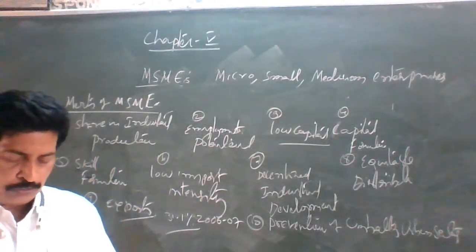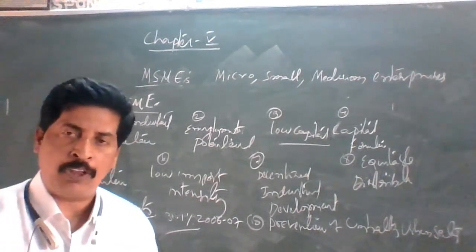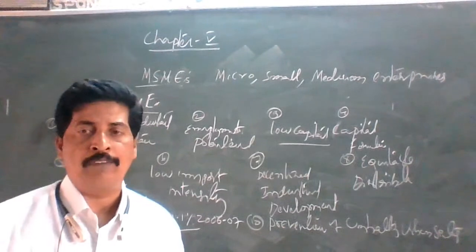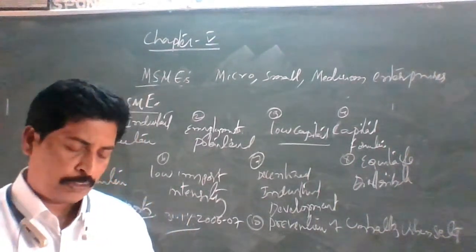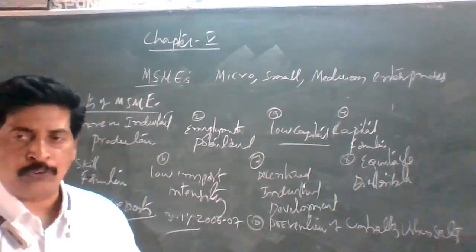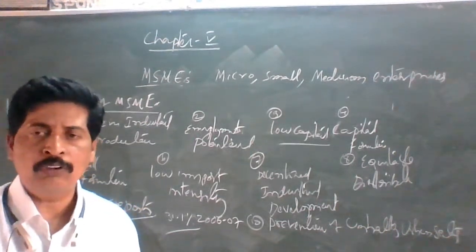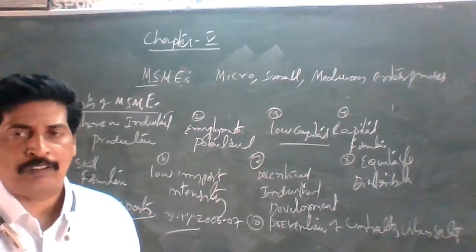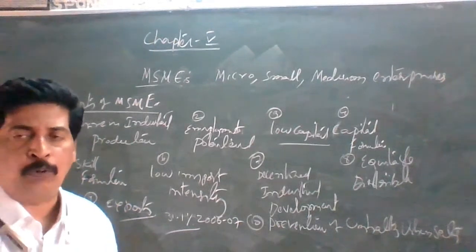Which means by providing remunerative employment for the majority of the people in rural areas who have skills and entrepreneurial knowledge, those people will produce environmental friendly goods. There is no scope to create environmental pollution. They won't pollute, they won't create any industrial pollution.